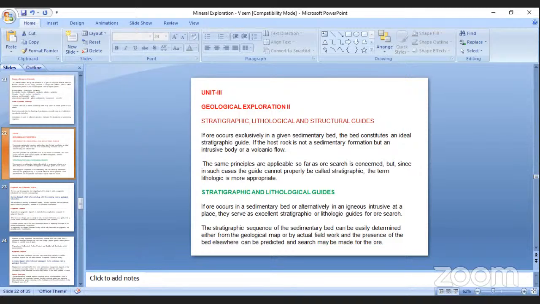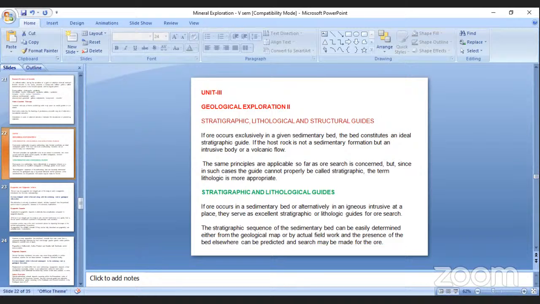Particularly, if you take a sedimentary bed, it consists of a stratigraphical sequence, the stratigraphical formations, and maybe a host rock. Sometimes those sedimentary rocks also have intrusion bodies due to volcanic flow.